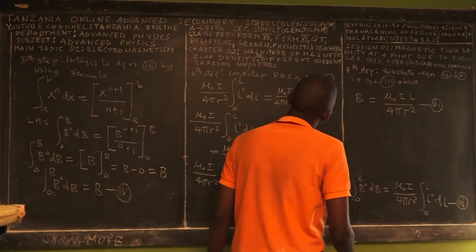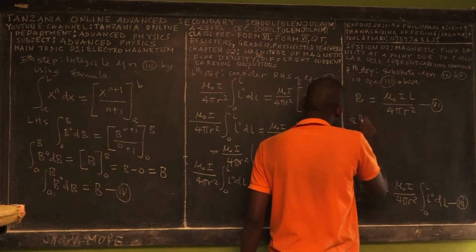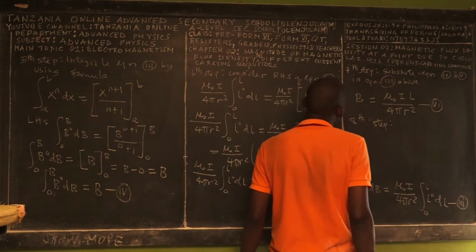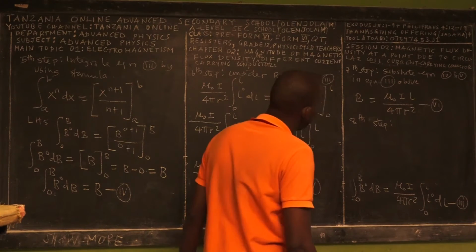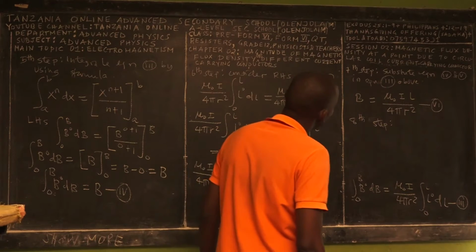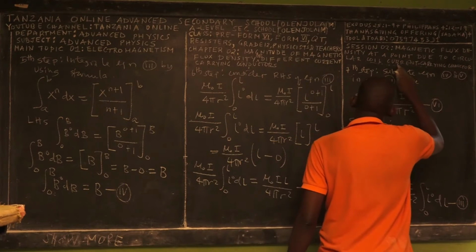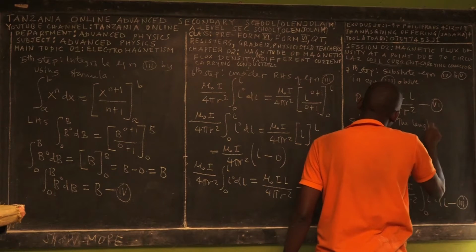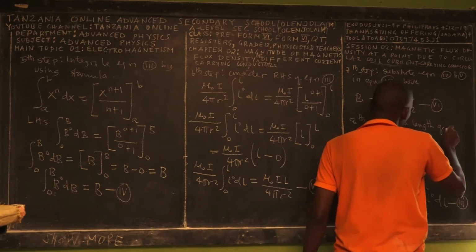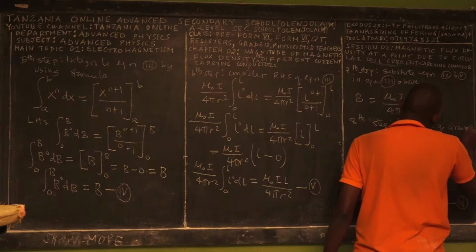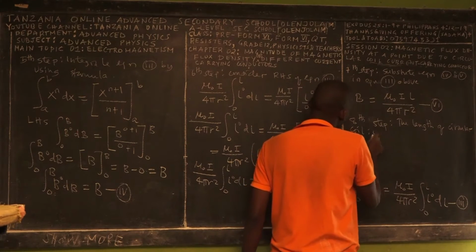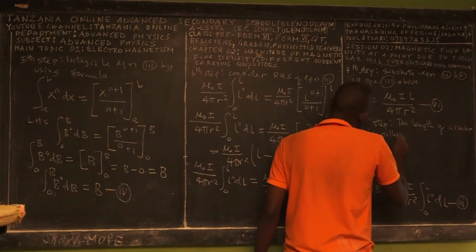Then we go to the 8th step. In the 8th step we say that the length of the circular coil is equal to the circumference. The length of a circular coil is called the circumference.